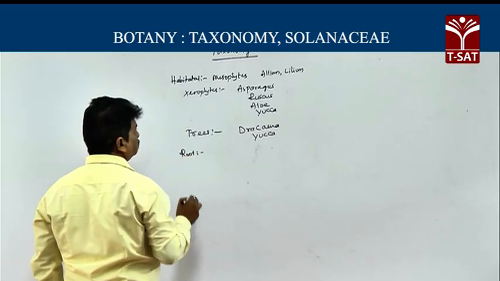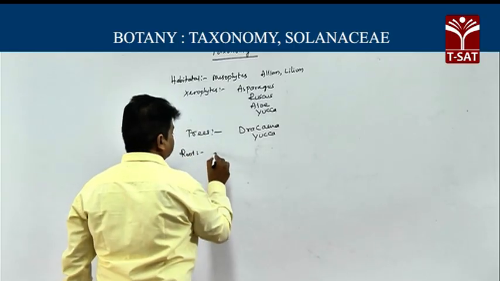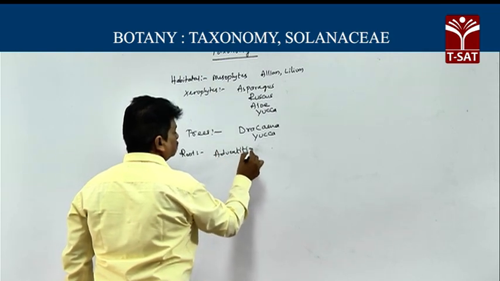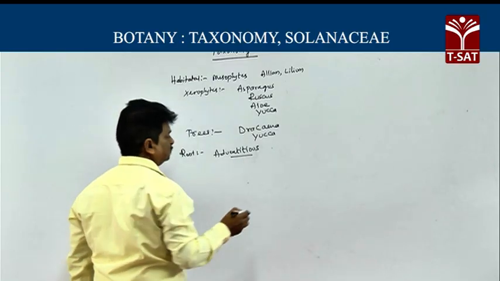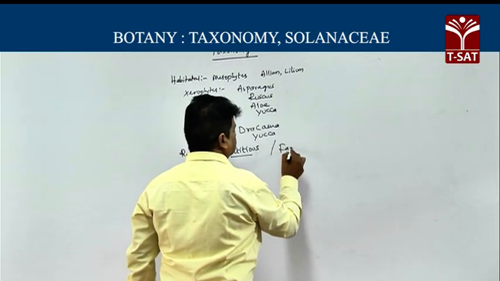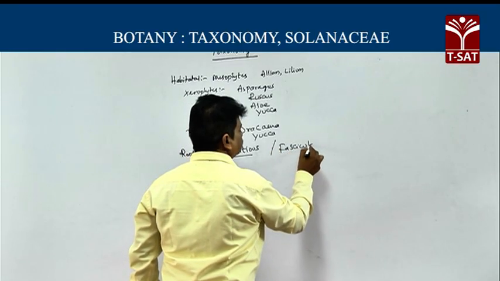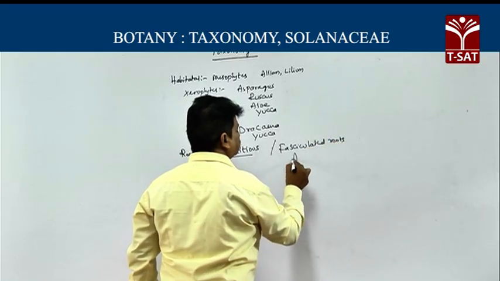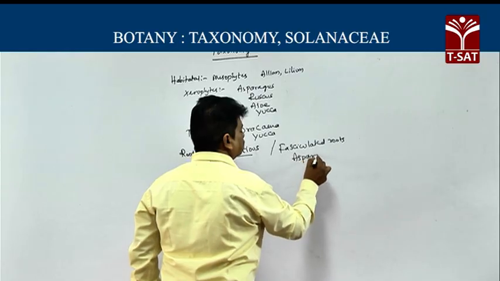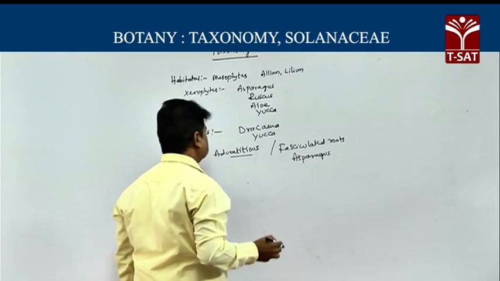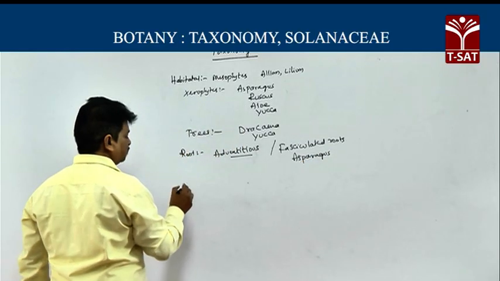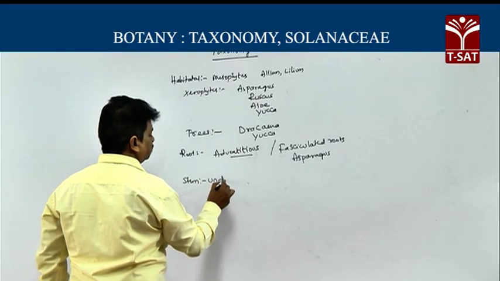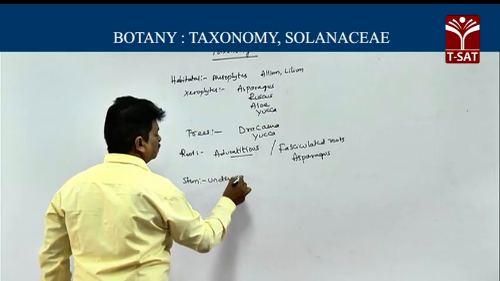First one, root system. Liliaceae is a monocot family, so root is adventitious, but a bunch of tuberous roots called fasciculated roots present in asparagus. Stem is mostly underground.